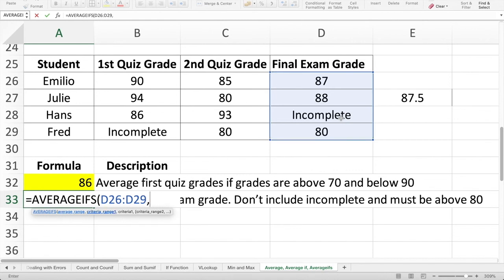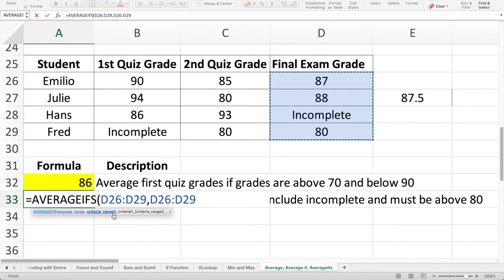So for our criteria, the first criteria here is don't include incomplete, and our second criteria is the term must be above 80. So for the first criteria, don't include incomplete, what cell is it applied to? Of course, the same with this one, D26 to D29. That is our criteria range 1.